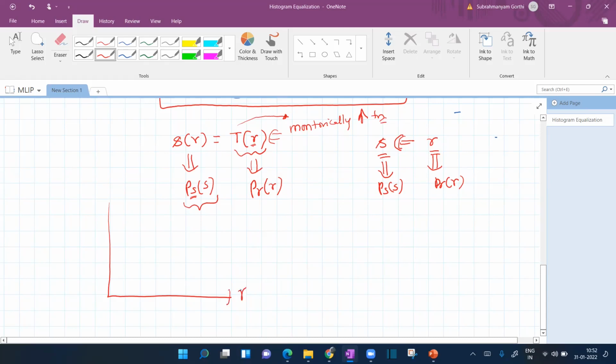Suppose I have R here. Let us not become too technical, but rather try to get an intuition of what it is. R and S, assume that. For each R, I got an S.